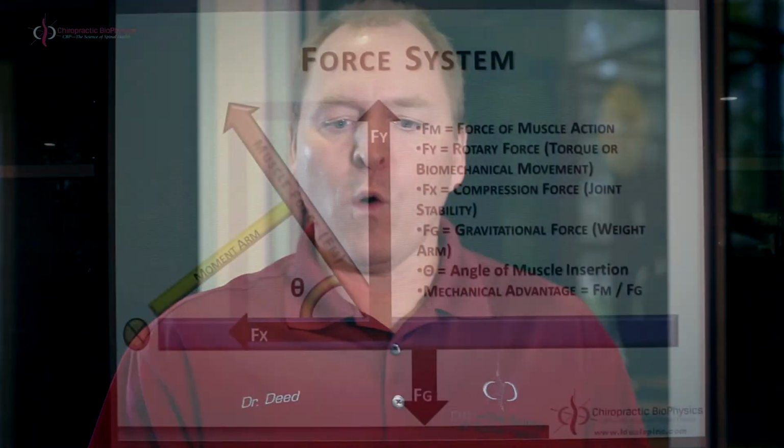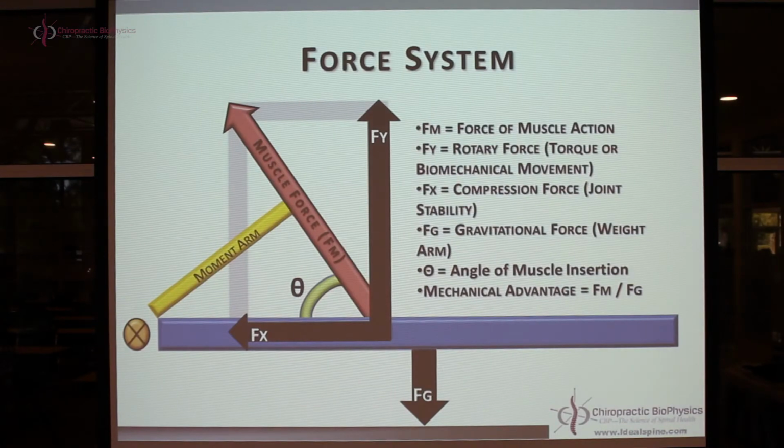The reality of a force system in the spine is that it gets quite complicated, because it's not just a simple lever arm change. Muscles change their line of action as your posture moves in different directions. So what we get here is a relatively complex force system, but we can break it down into simple physics.